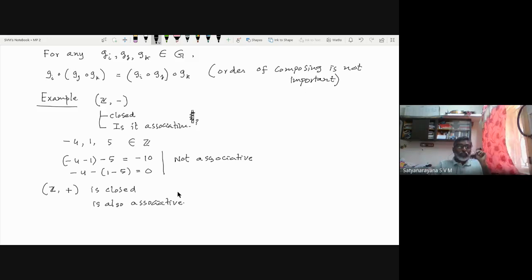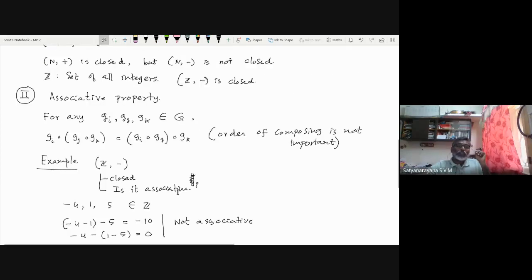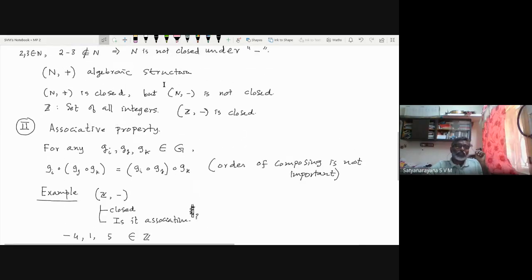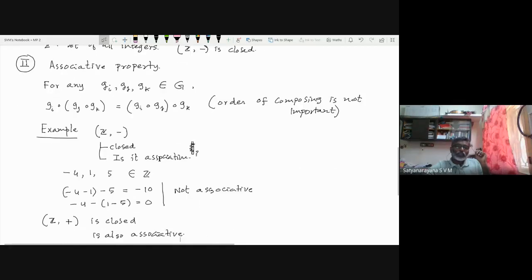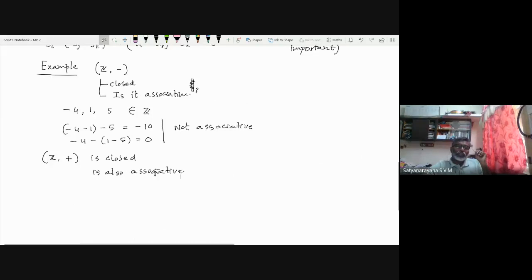That you can easily verify. So Z plus is closed. So just like in the previous example, N minus is not even closed. N plus is closed. Z minus is closed, but Z minus is not associative. Z plus is closed and associative.